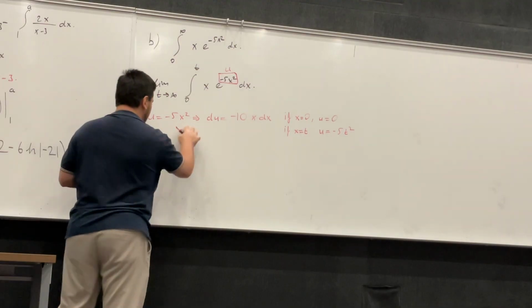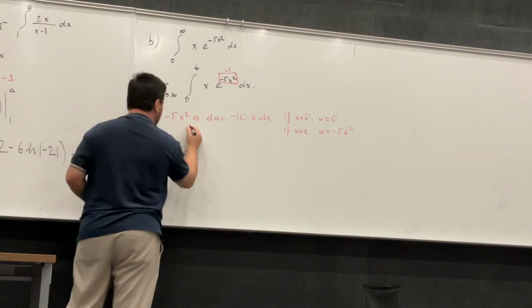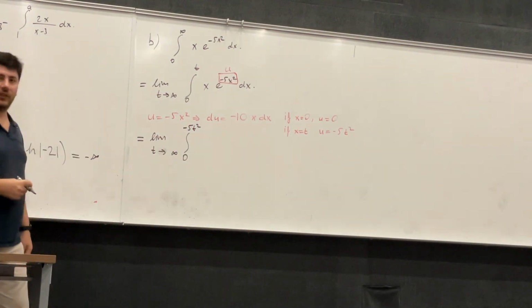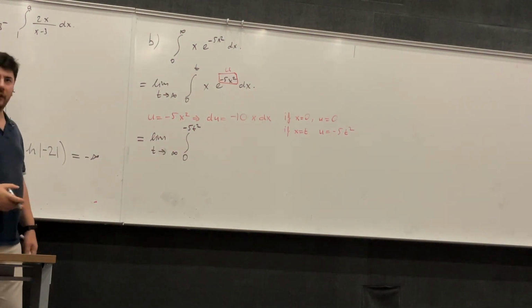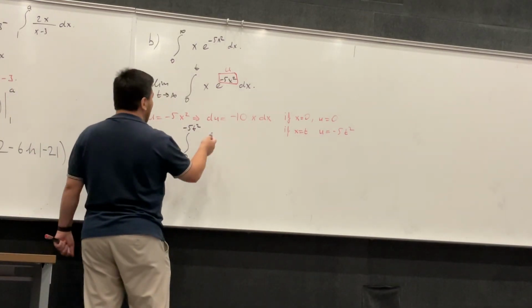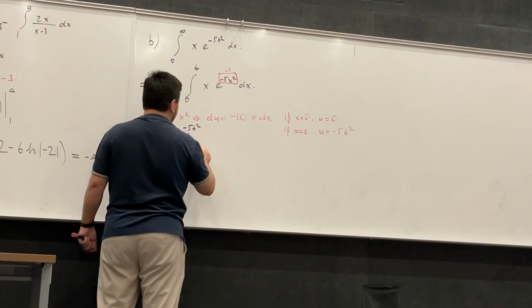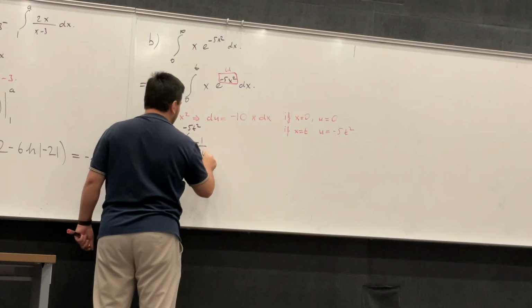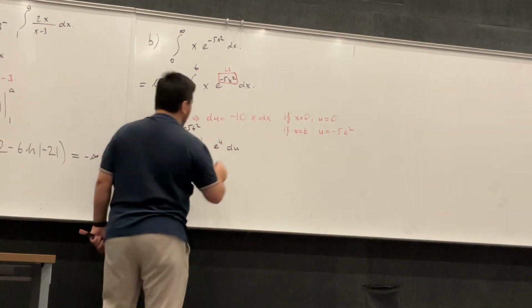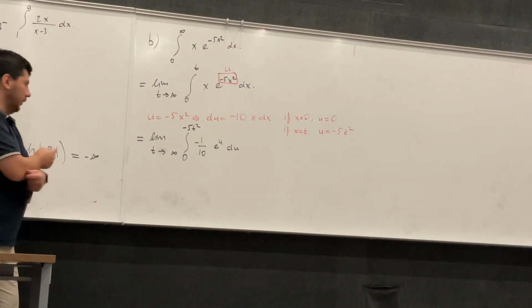So instead of t, it won't change anything. Minus 5t squared. At the end of the day, this will go to minus infinity, but it's better to write it this way. And here I have minus 1 over 10 e to the power u du. Am I right? Yes. Very good.